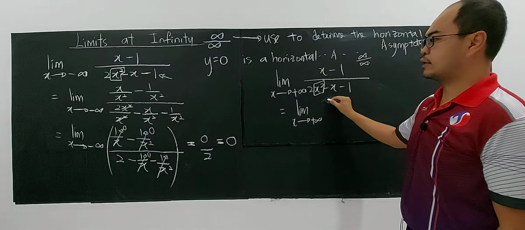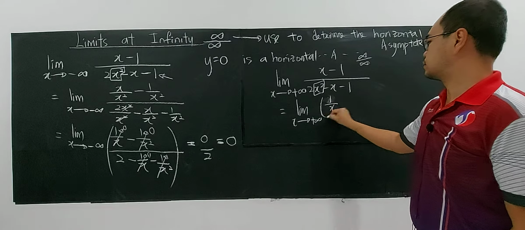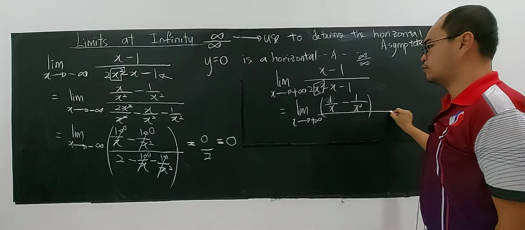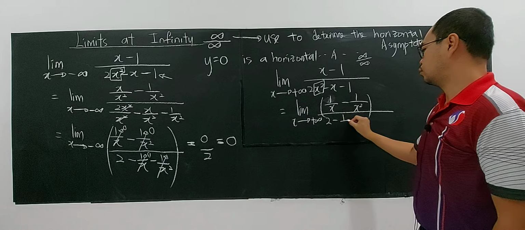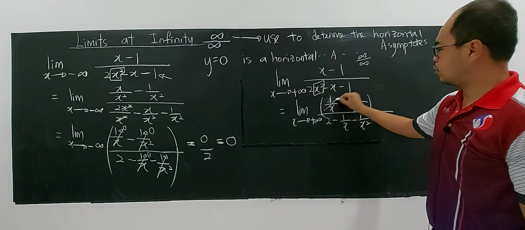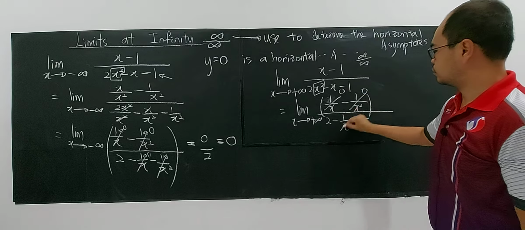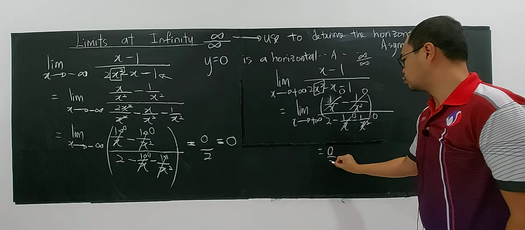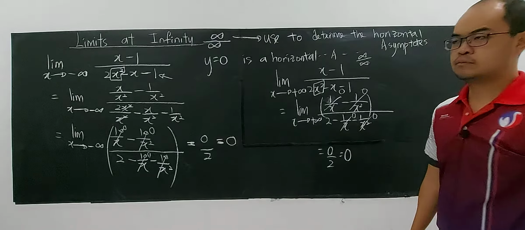So you get 1 over x minus 1 over x to the power of 2, divided by 2 minus 1 over x minus 1 over x to the power of 2, which all turn to 0. We're still getting 0 over 2, which will give you 0, right?